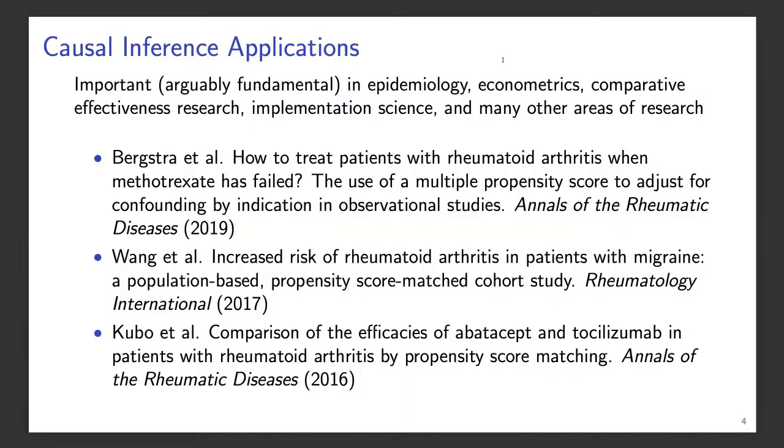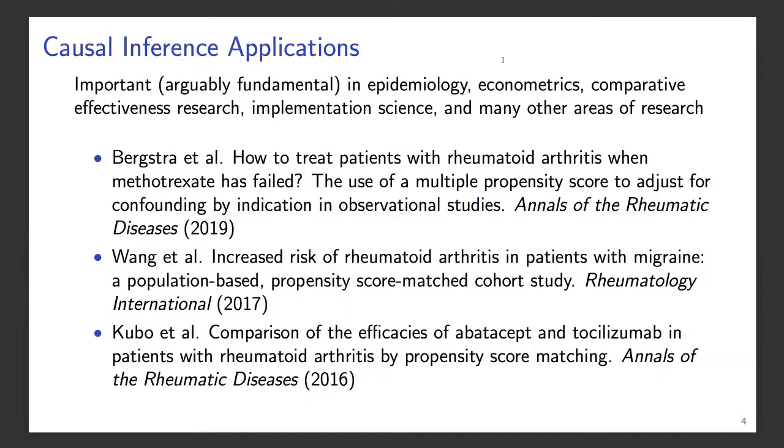In econometrics, comparative effectiveness research, implementation science, many areas where you really want to understand the causal effect of a treatment or an exposure or a policy. So you see these statistical methods, which have been developed over the last few decades, now being deployed in a wide array of subject matter areas.